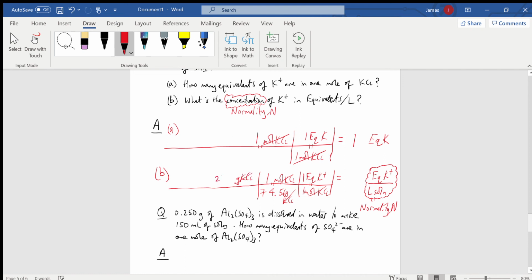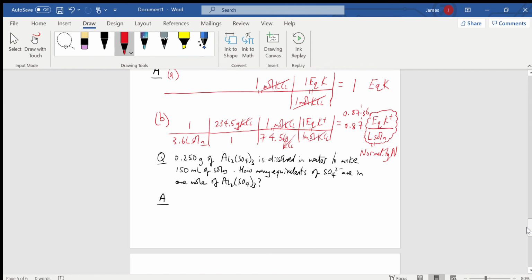I have 234.5 gram of KCl in this question, and my total volume of solution is 3.6 liter. So I run that through and I have a pre-rounded value of 0.8736, which rounds to 0.87 equivalents of K per liter, or 0.87 normal. Okay, so that's normality.